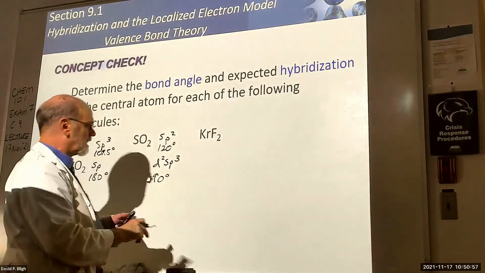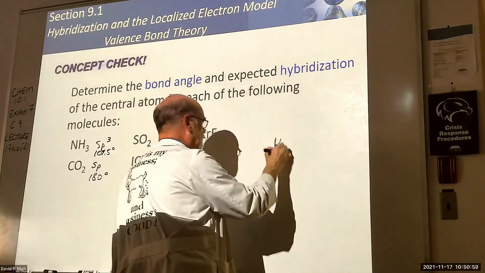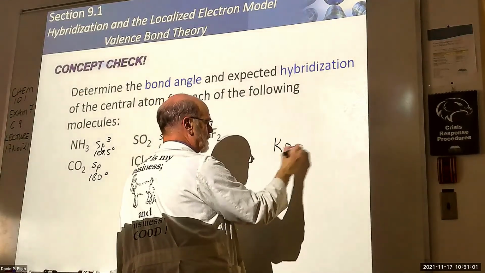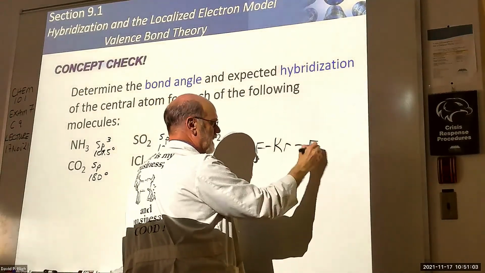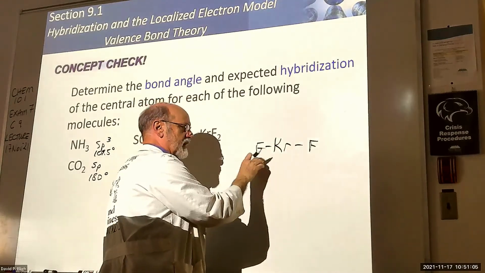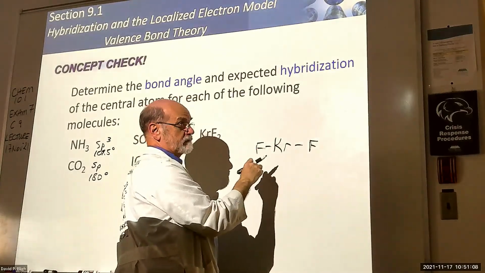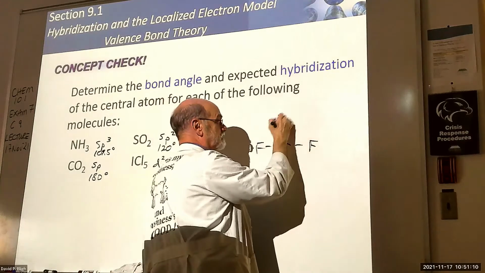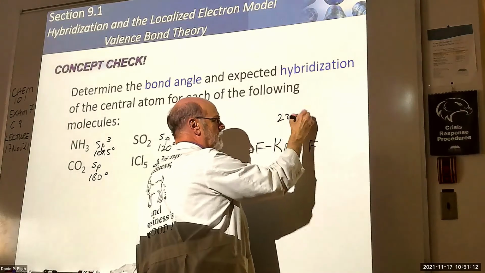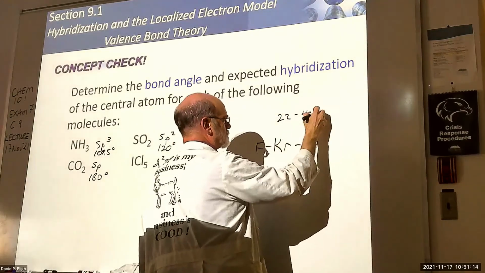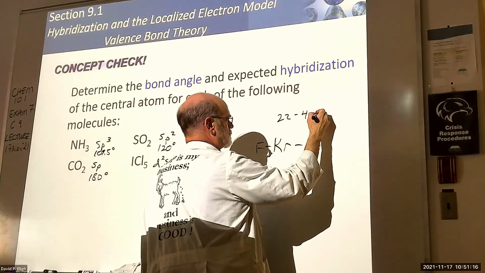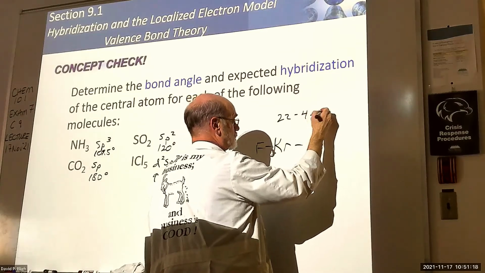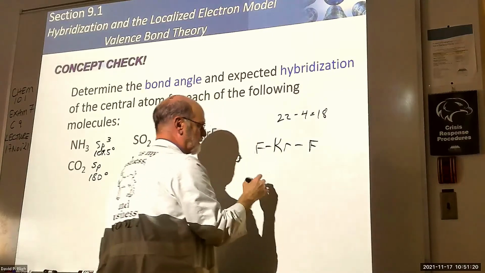Okay, the last one, KrF2. So this one's 8 and 14 is 22. 2, 4 equals 18.